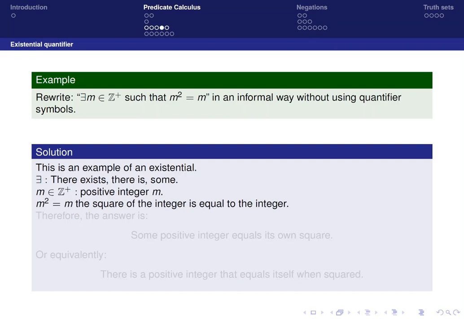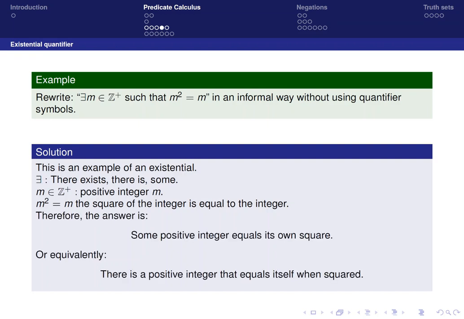M squared equals m tells me that the square of the integer is equal to the integer itself. So one possible answer might be something like this: there is some positive integer that equals its own square. Or I can say there is a positive integer that equals itself when squared.